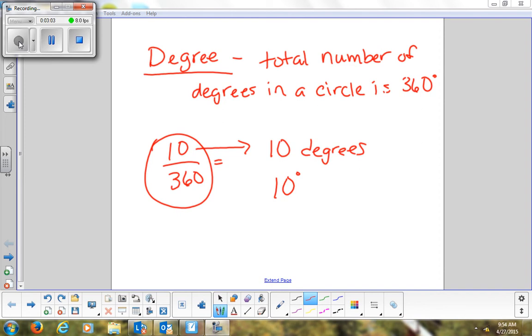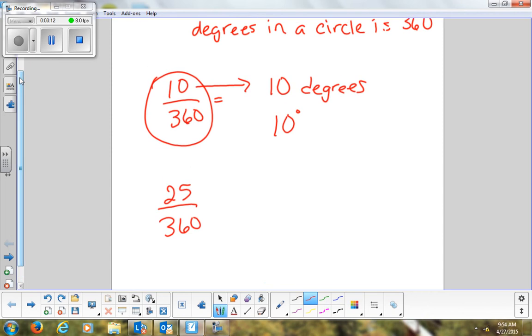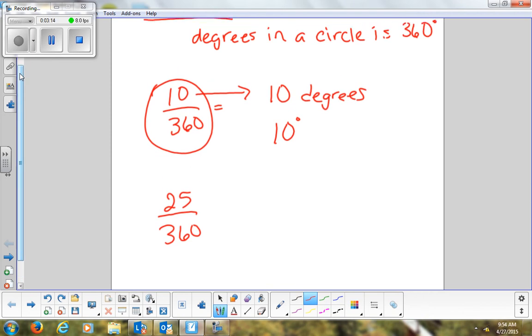So if I was to say, what would my degrees be for 25 over 360? Trinity. 25. 25 what? 25 degrees. How about 1 over 360?